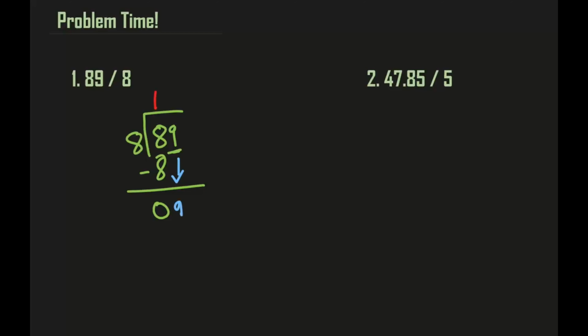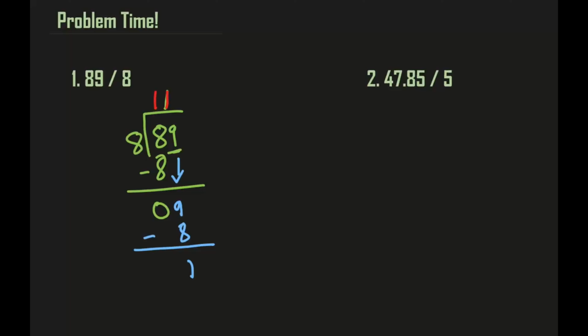So we have 9. Again, we'll have to do 8 times 1. 8 times 1 equals 8. So we subtract. 9 minus 8 equals 1. We are not done yet.